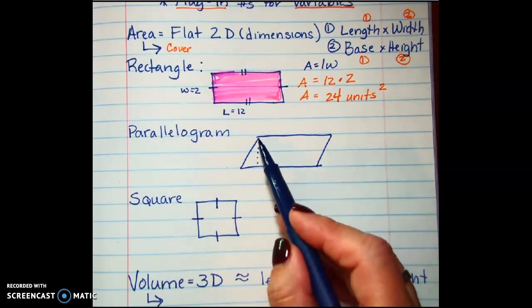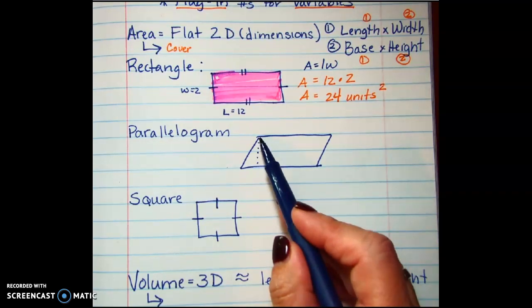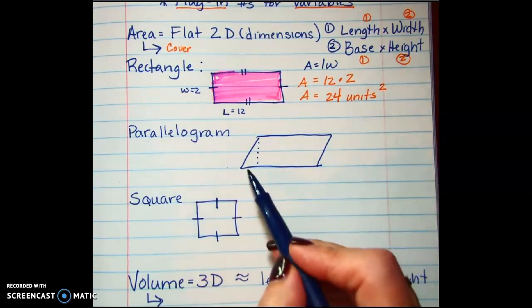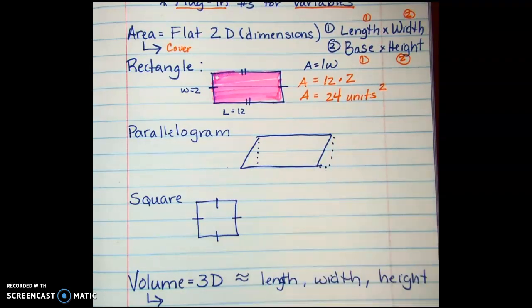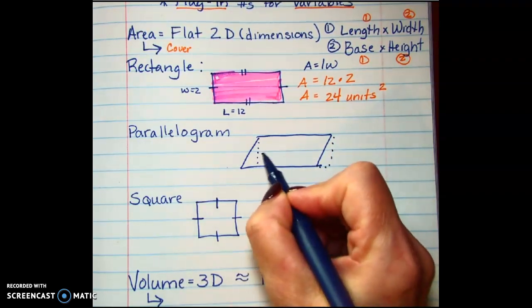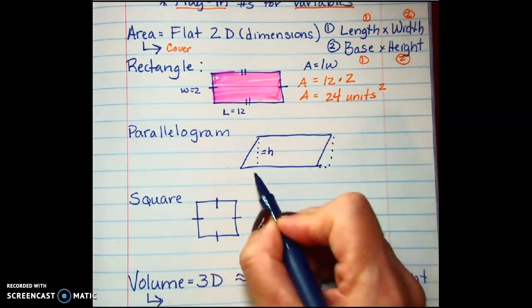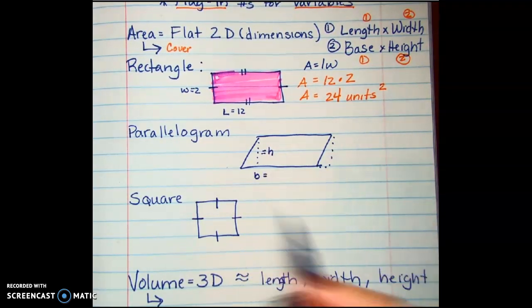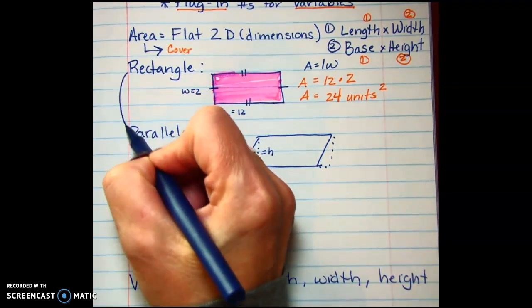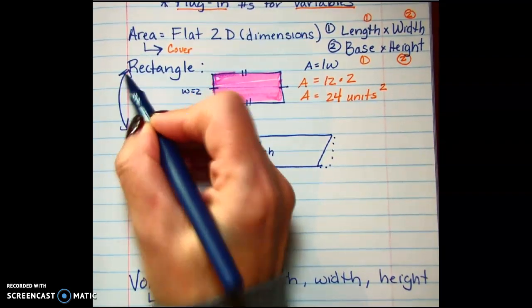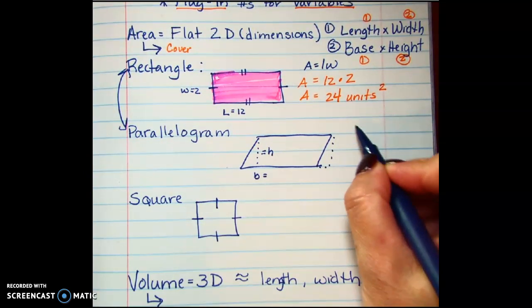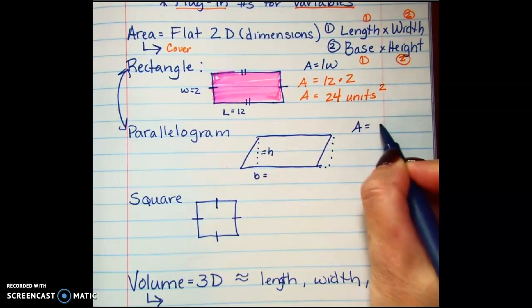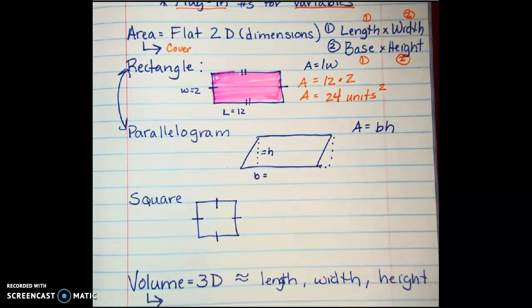Well, we cut off this corner and we imagine it coming back over to this corner, and then we'd have a rectangle. But we call this the height, and this would be the base. It is interchangeable. So we could say that length times width could also be area equals base times height.